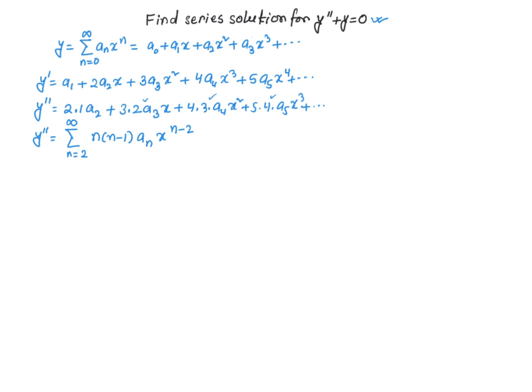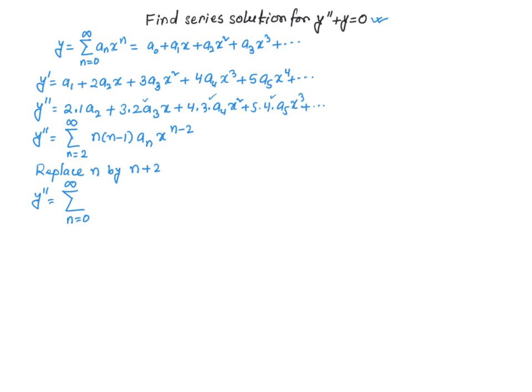Now what we are going to do is shift the indices a little bit. I'm going to replace n by n plus 2. The effect of this is that instead of starting n from 2, we're going to start n from 0. That's basically why I'm doing it, so that we have consistency. So y double prime is equal to the summation from n equals 0 to infinity.